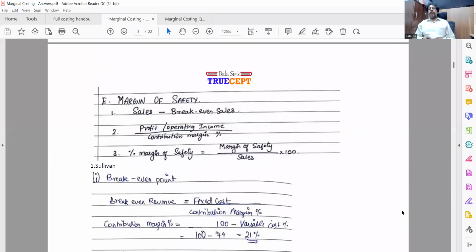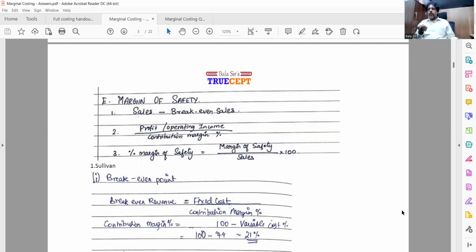Point E. What is given? Sales minus break-even sales. People have a doubt: when I take sales quantity minus break-even quantity, yes, you can do that. But generally, we express the margin of safety in rupee terms. For example, I'll take sales of 3,20,000 rupees in year 2, minus the break-even sales, which will not change. How much? 50,000 rupees.